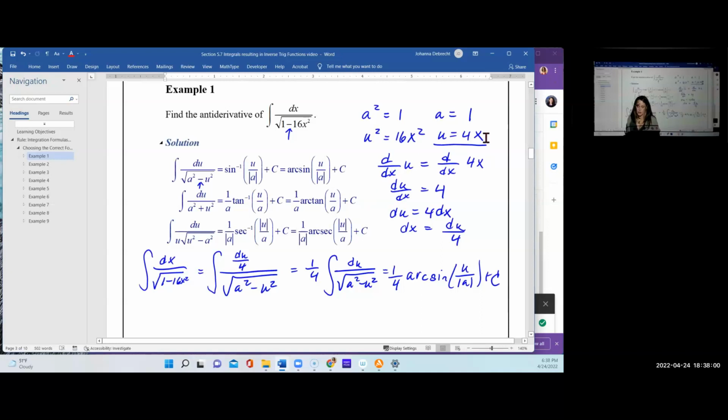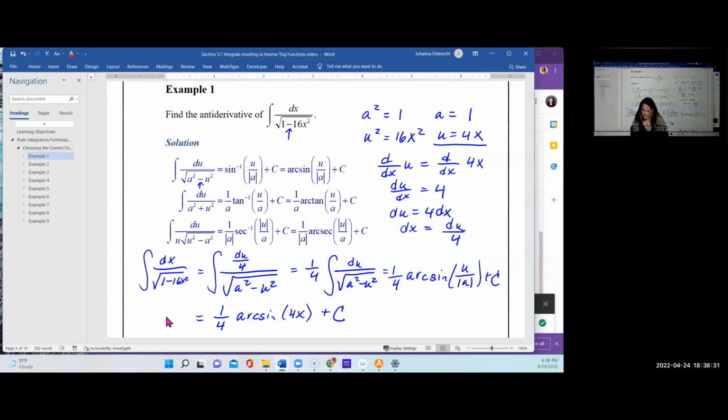Now we know that u is 4x, and we know that a is 1, so we can substitute those into the expression so that we can write the antiderivative function back in terms of x, since the original function was itself in terms of x due to the differential dx. This then would give us the final solution, 1/4 arcsine of 4x divided by 1, which is 4x, plus the constant of integration c.